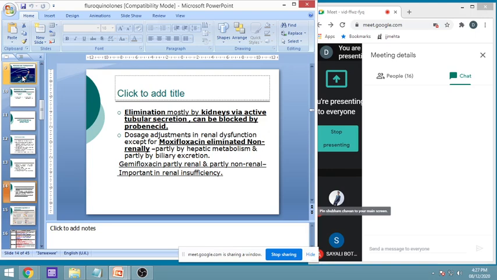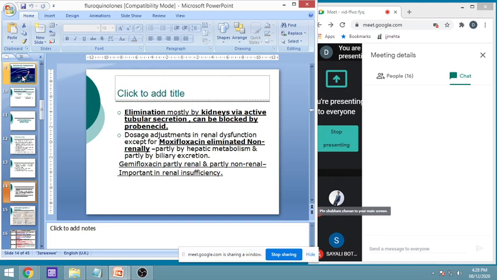Wherever there is tubular secretion, probenecid will compete with it. It will get excreted first, and thus it will not allow other drugs to get excreted. Dosage adjustment is needed in renal dysfunction, except for moxifloxacin, which is eliminated non-renally, partly by hepatic metabolism and partly by biliary excretion.